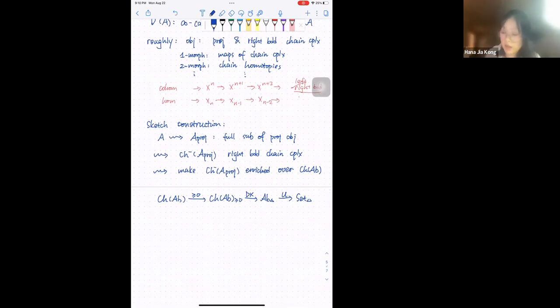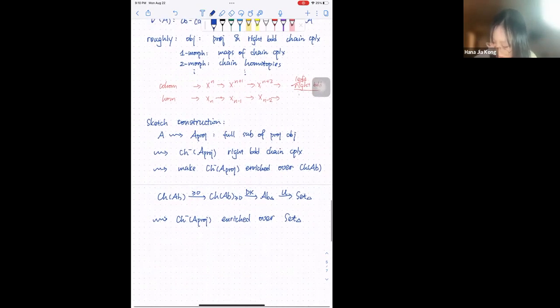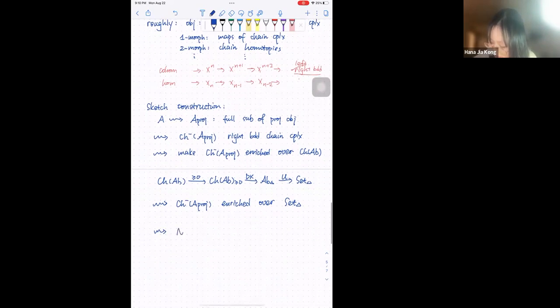So you can apply this functor to the morphism objects, and then you can view this as something enriched over simplicial sets, and then you take the coherent nerve. So there is a functor from simplicial categories to simplicial sets, and this brings you to the derived category.